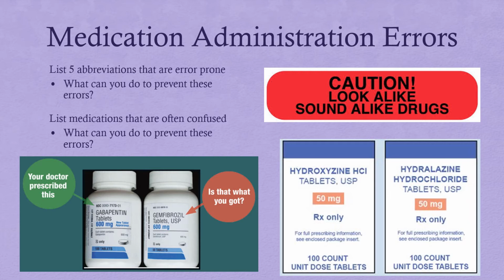You can also see there hydroxyzine and hydralazine, right? They both say 50 milligrams, they both say RX only, they both say 100 count. Could that be confusing? It absolutely could. Hydroxyzine is an antihistamine, hydralazine is a blood pressure medication. Very different reasons why we would give those.